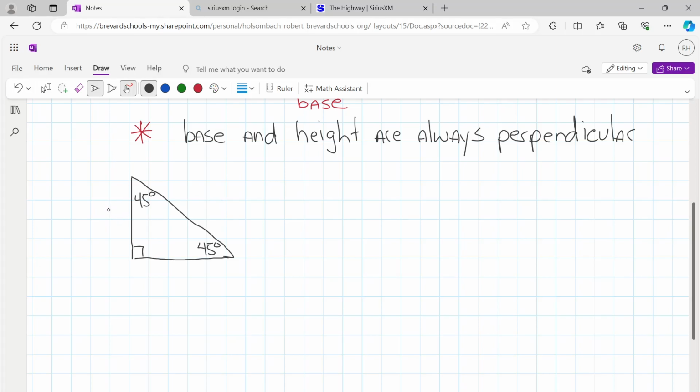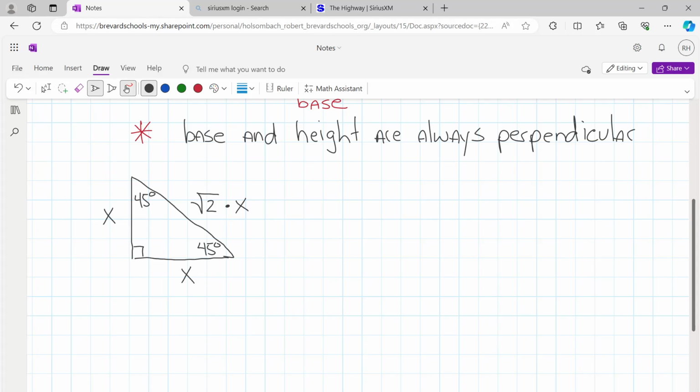If one of the legs is equal to x, then the other leg is equal to x. In a triangle, if you've got two congruent angles, then the sides opposite those angles are also congruent. And the length of the hypotenuse is equal to the square root of 2 times one of the sides.